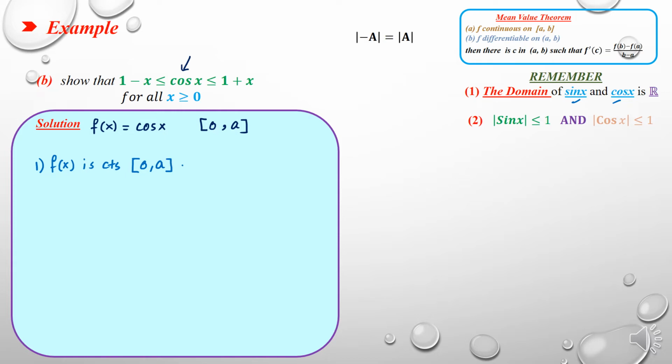Now the second condition of the mean value theorem is the differentiability. So you have to find f prime of x, and the derivative of cosine is negative sine x. And again, sine x has domain all real numbers, which means minus sine x has domain from negative infinity to infinity.